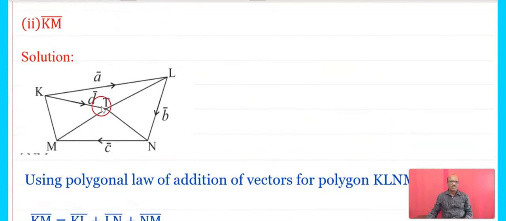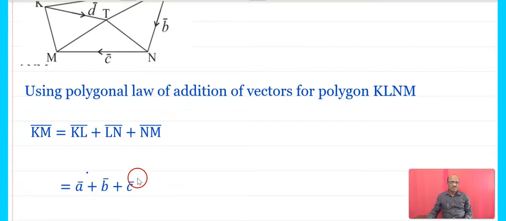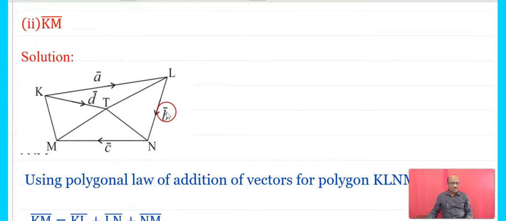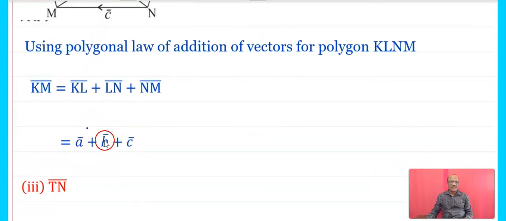Now substitute the values, that is a bar plus b bar plus c bar, and hence KM is equal to a bar plus b bar plus c bar.